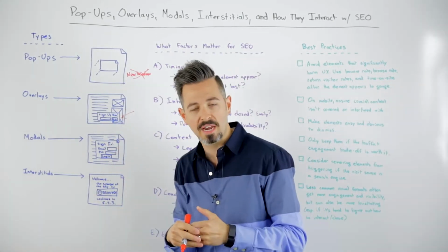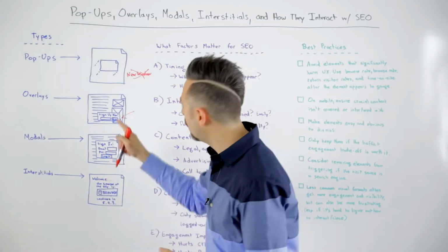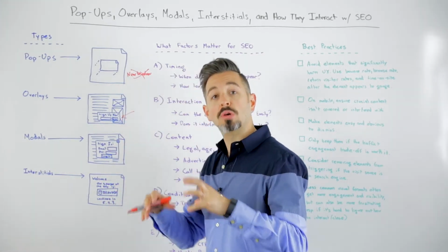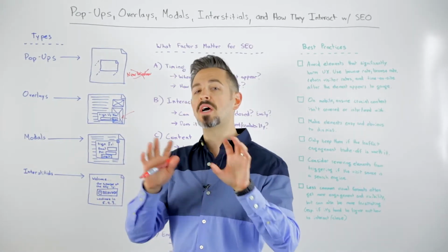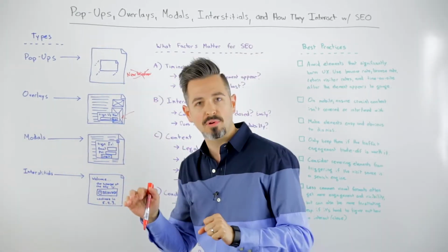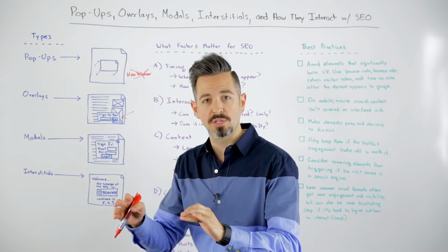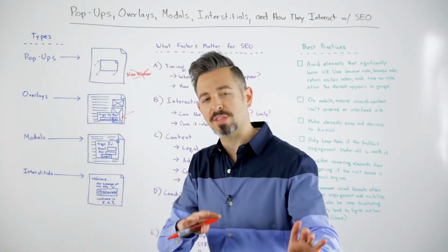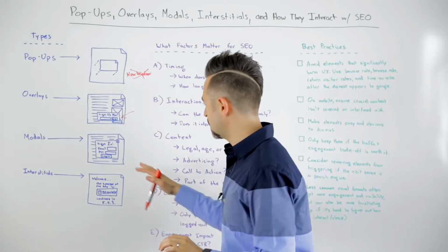And then there's a place to enter your email, or get my book now, and you click that and get the book. Those types of overlays are pretty common on the web, and they do not create quite the same problems that pop-ups do, at least from Google's perspective. However, we'll talk about those later, there are some issues around them, especially with mobile.